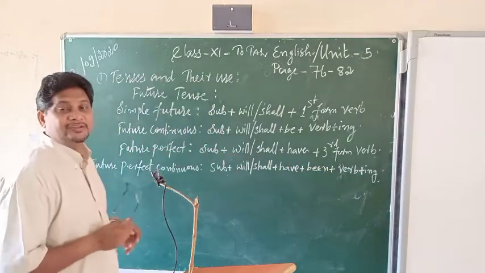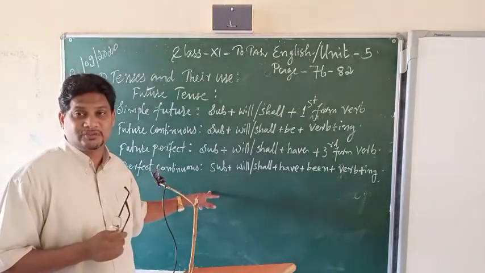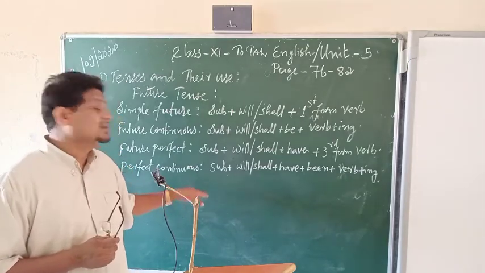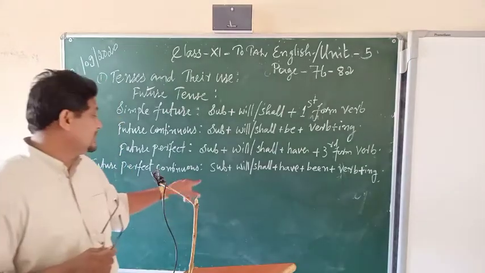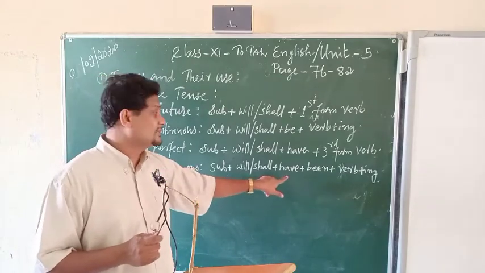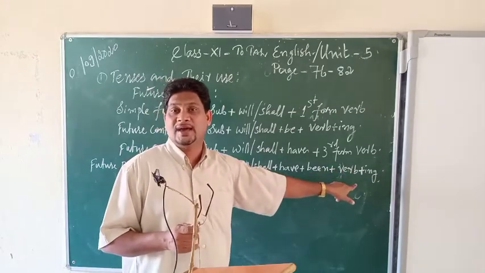Yes, dear students, now moving to the last one, that is future perfect continuous tense. The formula is subject plus will or shall plus have plus been plus verb plus ing form.